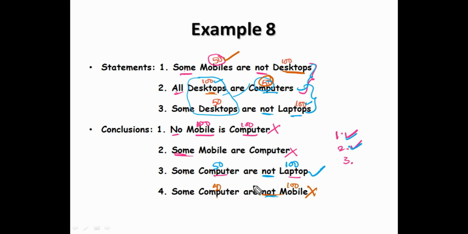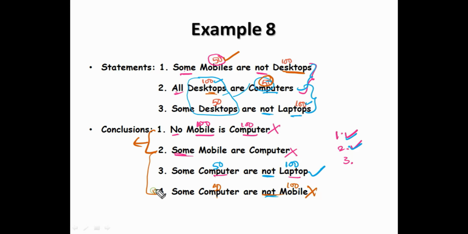Next, verification of either-or condition. See the first and second, mobile and computer. These two can be either-or, possible for either-or. Computer and laptop, computer and mobile, along with these two, this is also possible for either-or. But some-not combination is all. There is no all in the conclusions.